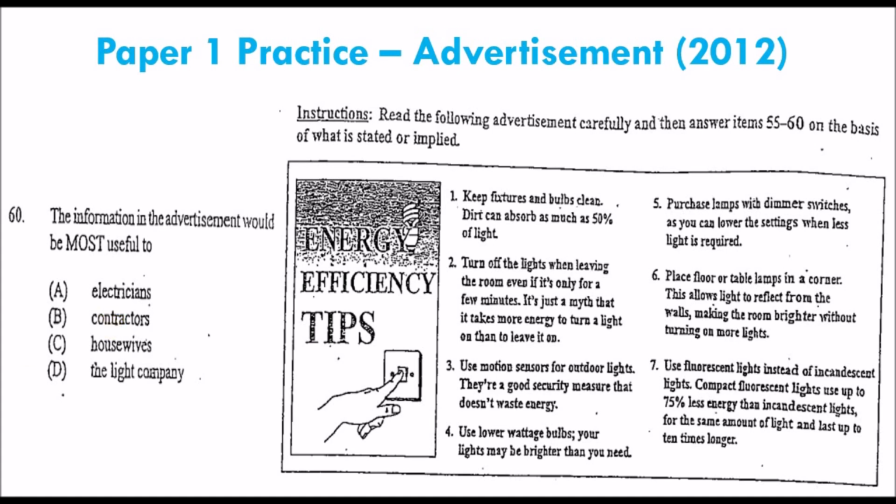So is it electricians? Is it contractors? Housewives? The light company? Now, my system of elimination tells me: if you are an electrician, if you are the light company, you should be aware of these tips, so you don't need these tips, right? Looking at B and C, contractors, they didn't say what type of contractors, right?